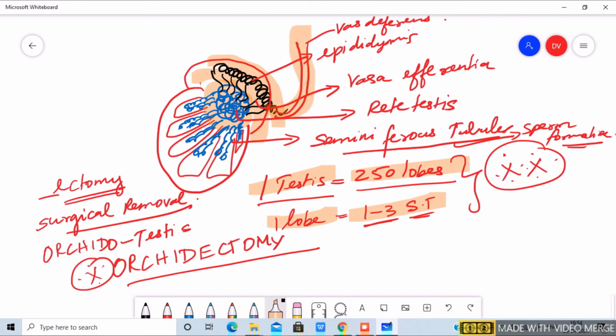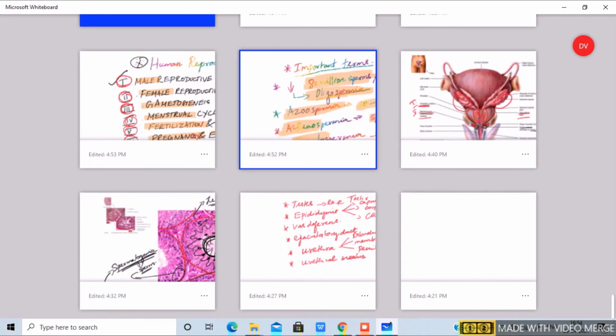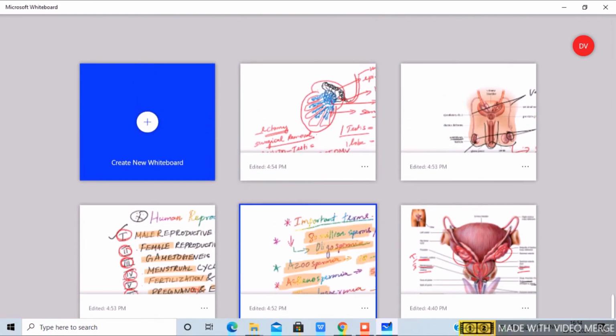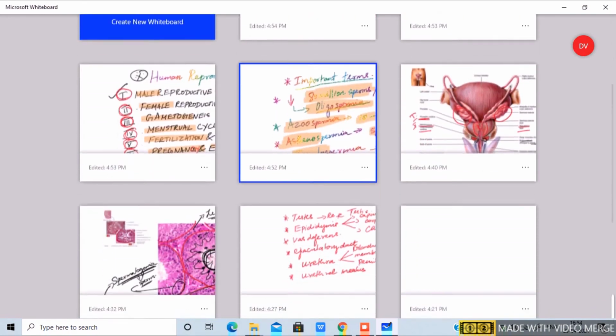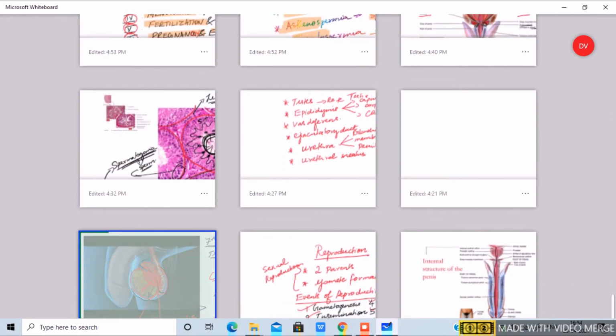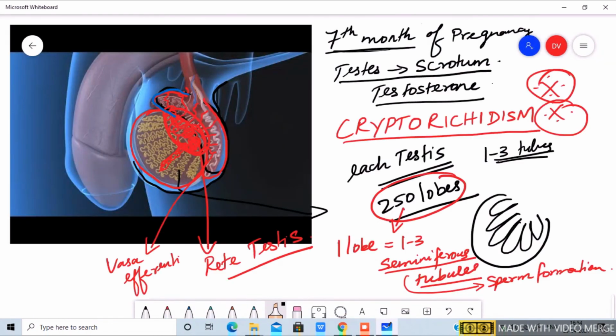So this you have to know. The surgical removal of the testis is known as orchidectomy. Orchido plus ectomy is orchidectomy.